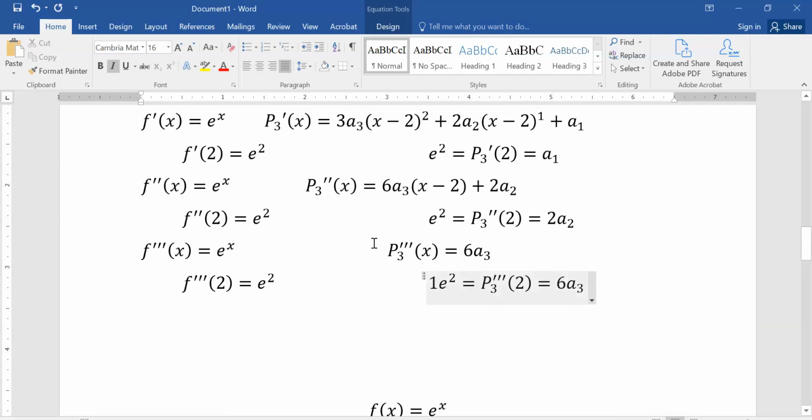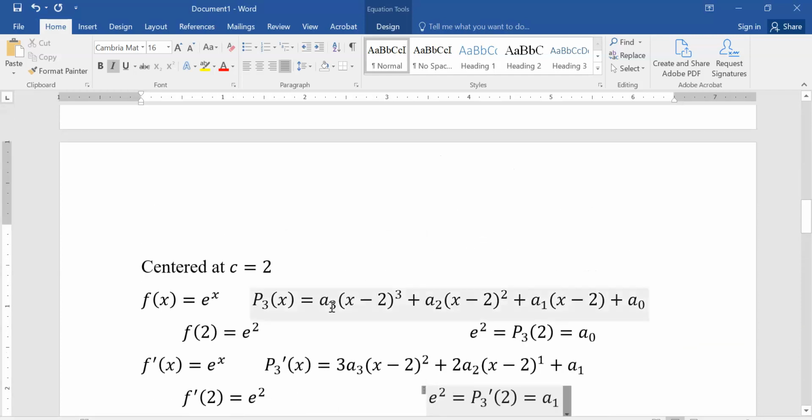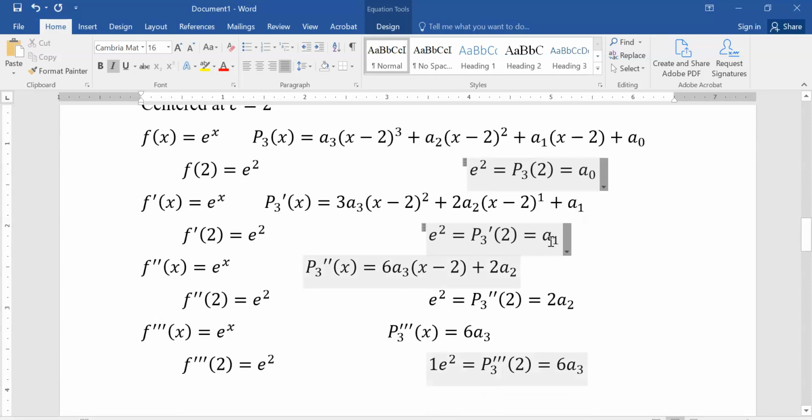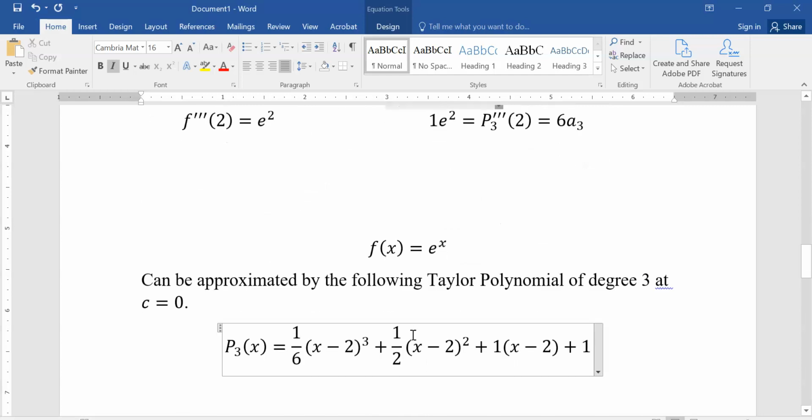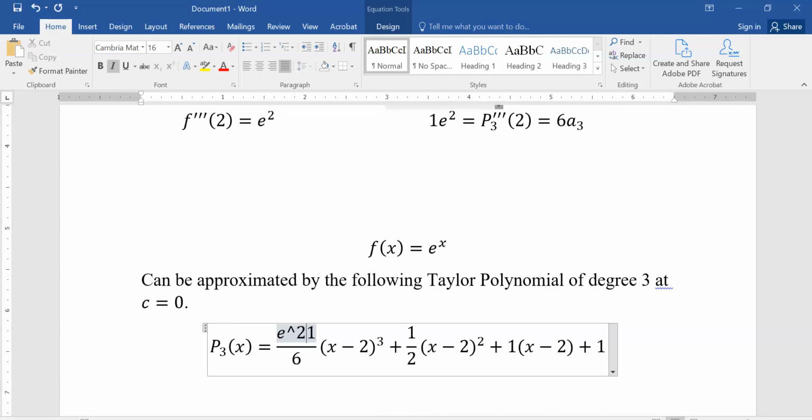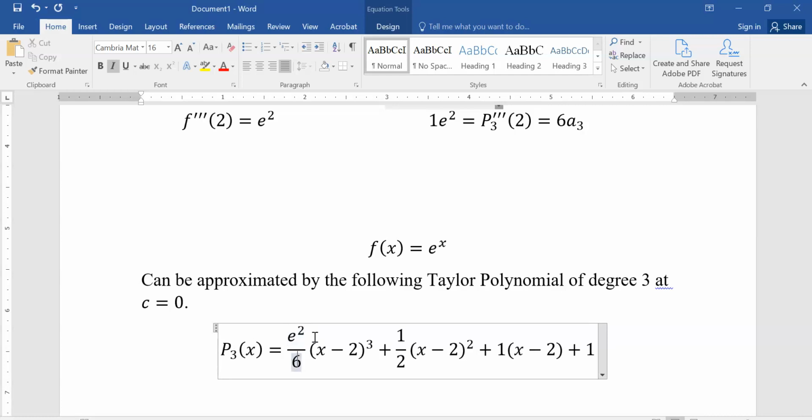And everywhere we had an a0, we can replace that with an e squared. a1, you can replace that with an e squared. a2, you can replace that with an e squared over 2. a3, you can replace with an e squared over 6. So everywhere we had a 1 in this spot, that could be replaced with an e squared.